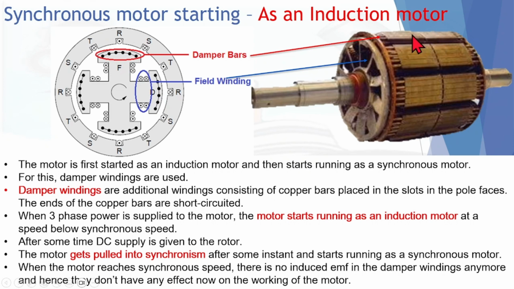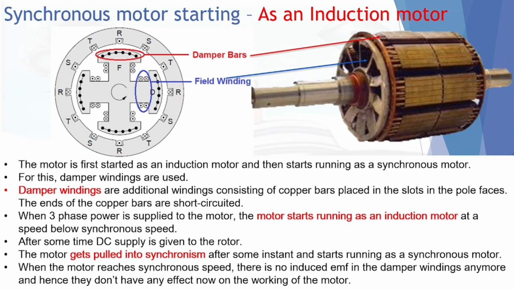Thereafter, in the running condition, the damper winding just acts as a damper. If there is a sudden load change, there will be fluctuation of the RPM in a synchronous motor. It tries to get out of synchronism.